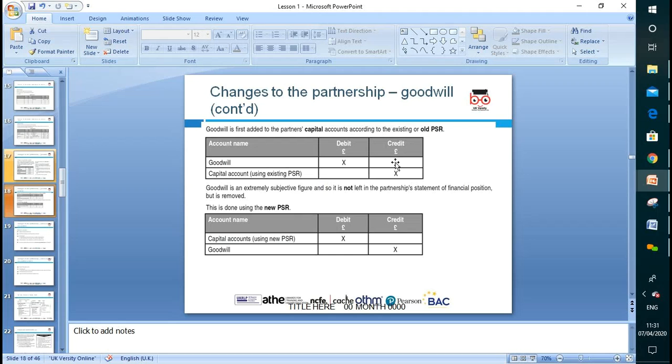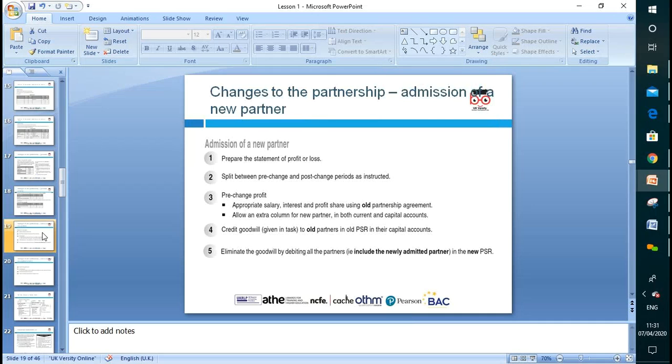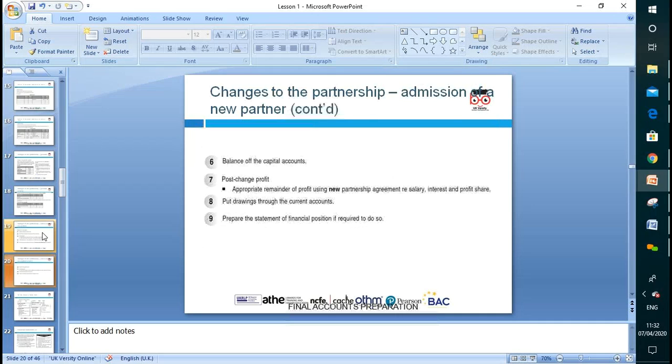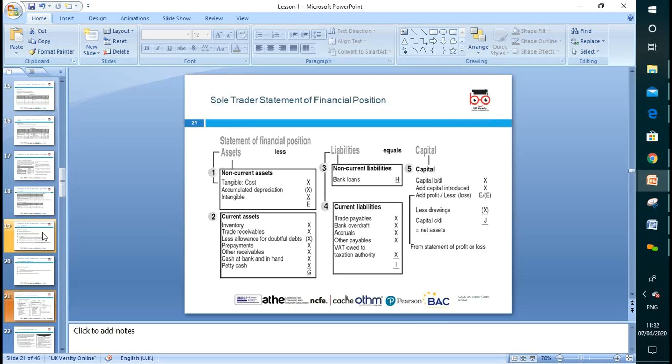Then when the new partner enters, we debit their accounts with the new ratio and credit the goodwill account. Because we created the goodwill, we eliminate it; it won't stay there. So that's the new partner joining, and their accounts will be affected.